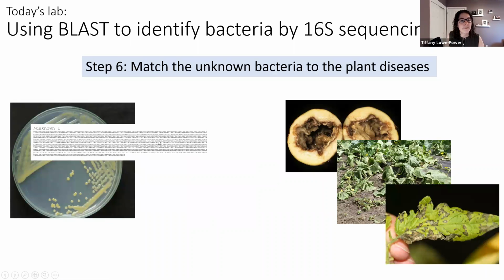And then the final step of the worksheet is to make it interesting for a plant pathology lab. So now that you have a table of your potential bacteria hits, there's going to be a table that has different names of plant diseases.